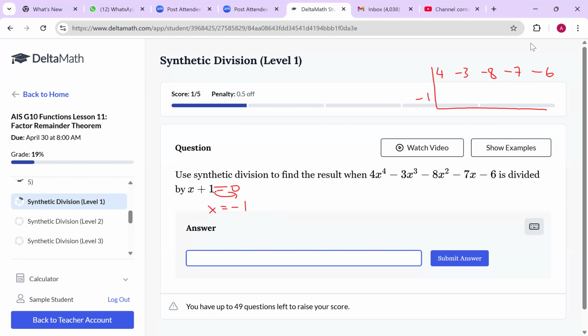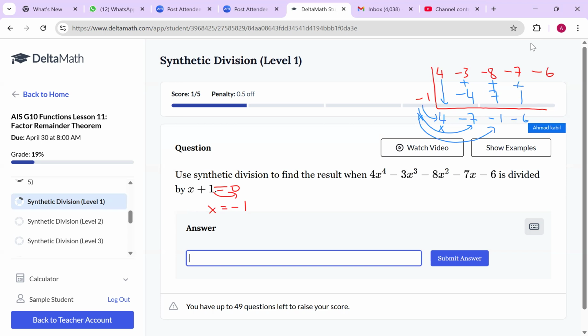And we begin again. We start by taking the first number down and multiplying. So -1 times 4 is -4. And then we add. So -7, multiply. So +7, add again. So -1, multiply again. So +1, and then we add.